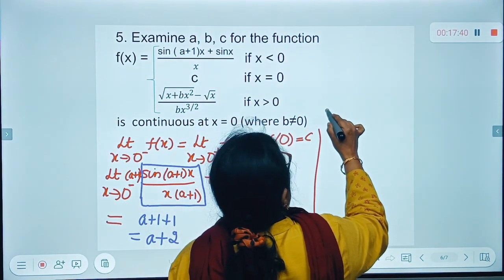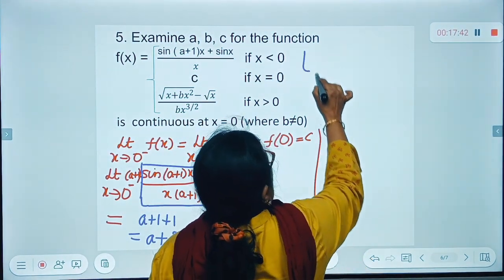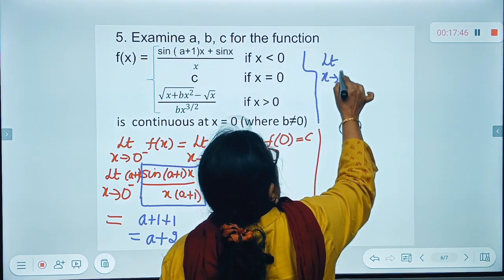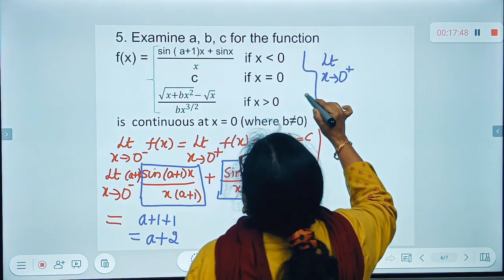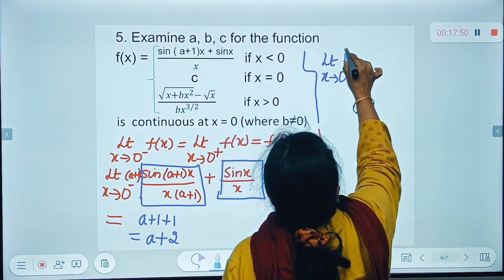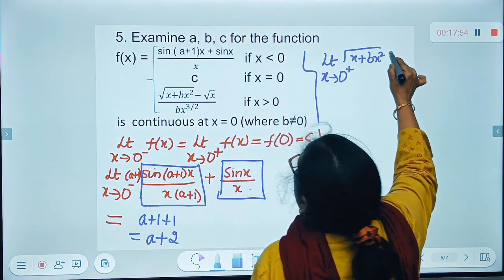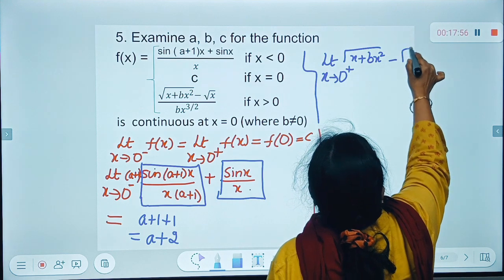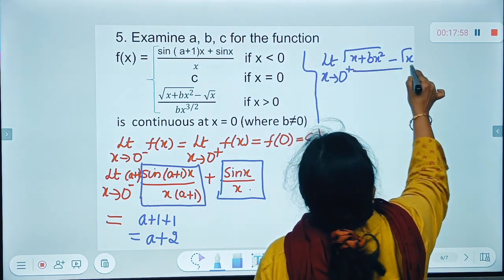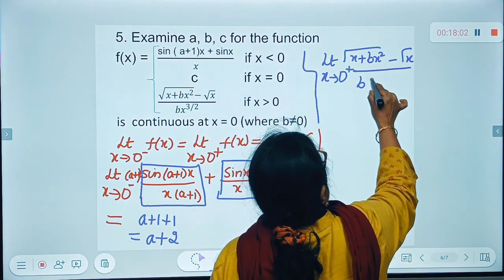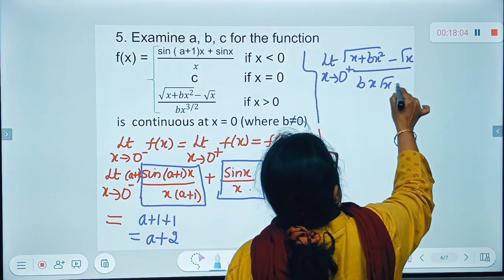Now what about the right hand limit? Limit x tending to 0 plus of root of (x plus bx square) minus root x divided by b into x to the power of 3 by 2. I will write it as x into root x.